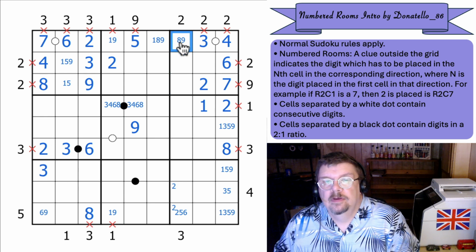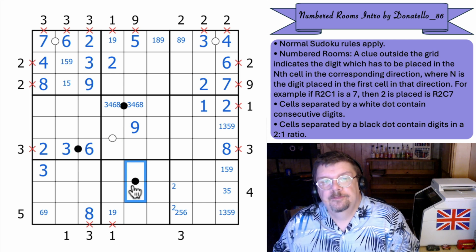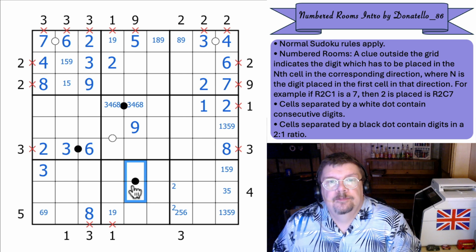Haven't completed that clue yet. Maybe it's this dot or this dot that I need to think about.